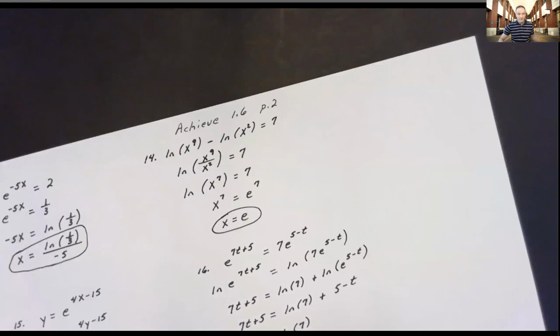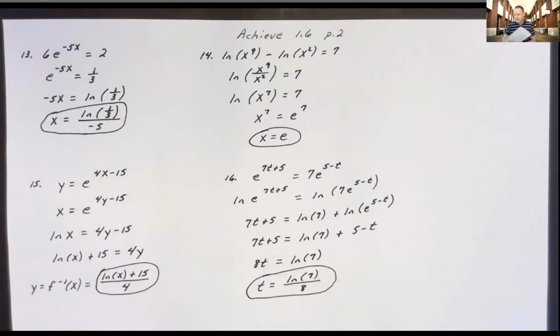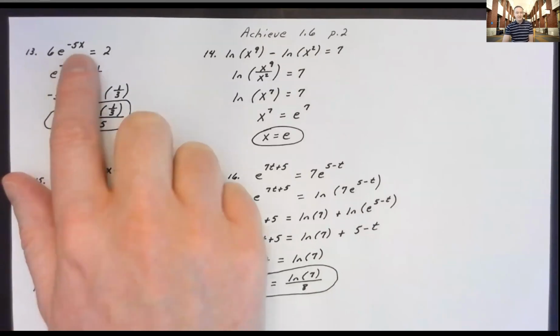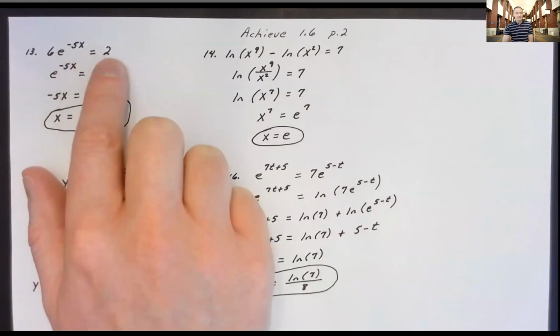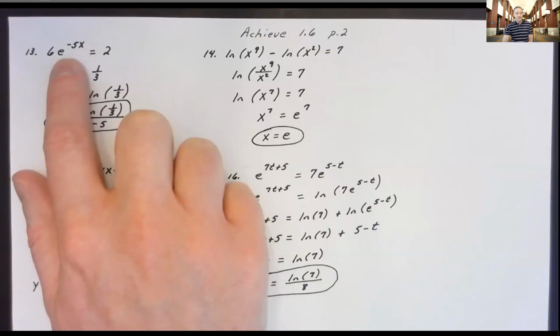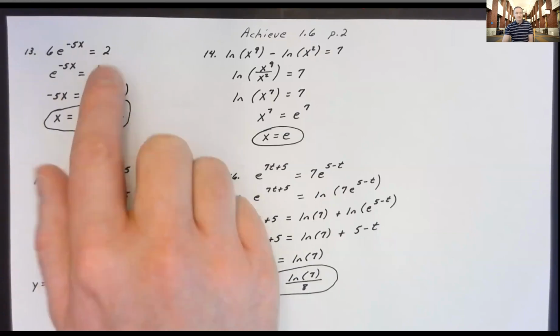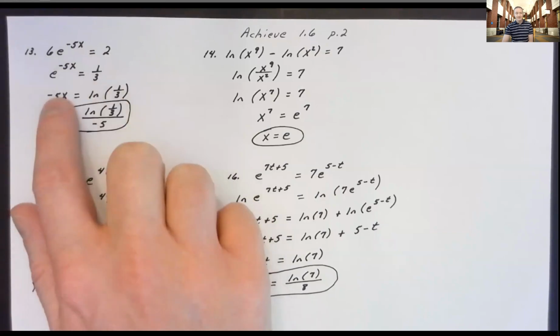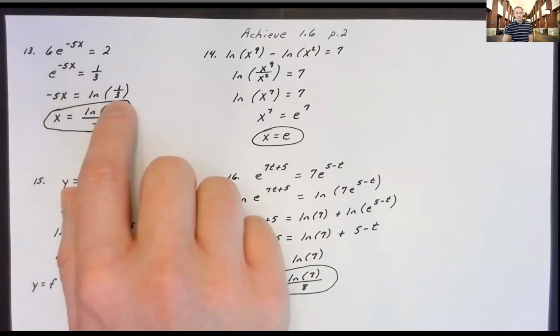Now, for the next problem here, for number 13, it gave me 6e to the negative 5x power is equal to 2. Similar to the last problem, first step is to get the exponential function by itself. Divide 6 on each side. 2 over 6, same thing as 1/3. So now we take the natural log of both sides, and you'll get negative 5x is equal to the natural log of 1/3.